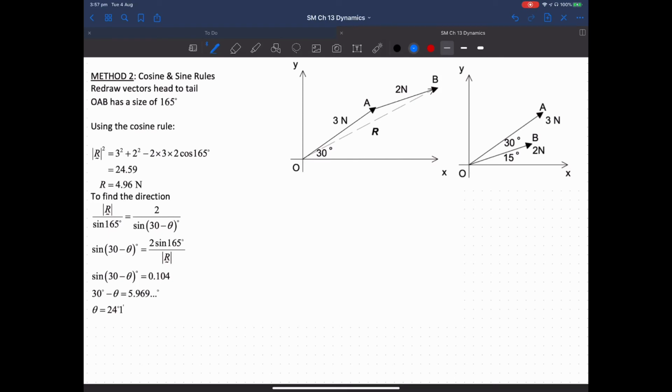Taking the square root of that, we get that the magnitude of the resultant vector is 4.96 newtons. To find its direction, I've used the sine rule. You need to be careful when you're using the sine rule. The reason you need to be careful is because there are occasions when there are 2 possible answers for theta. In this case, theta equals 24 degrees and 1 minute.